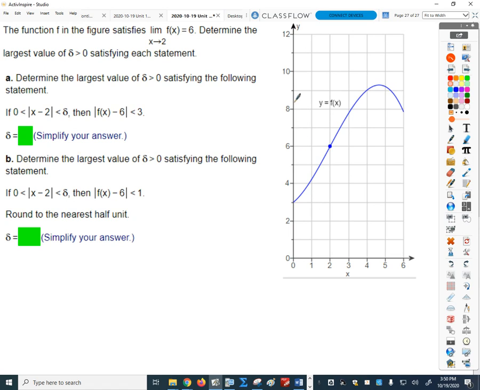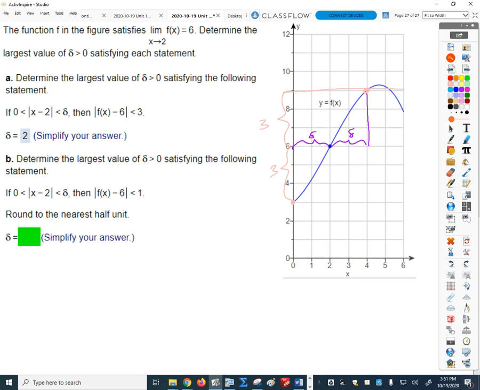So 6 plus 3 would be 9, and so we want that intersection right there, or that intersection right there. Either way, our delta to the left or the right is 2. So the answer is 2.